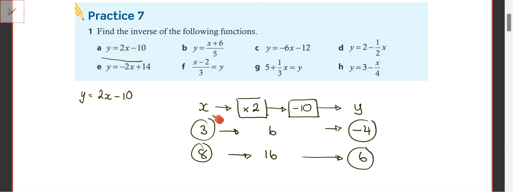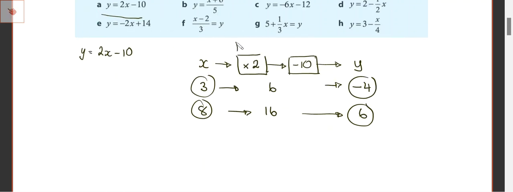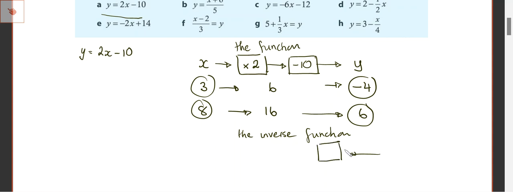So, this is the function. What do you think the inverse function would be? We start with something. What do we do to go back the other way?